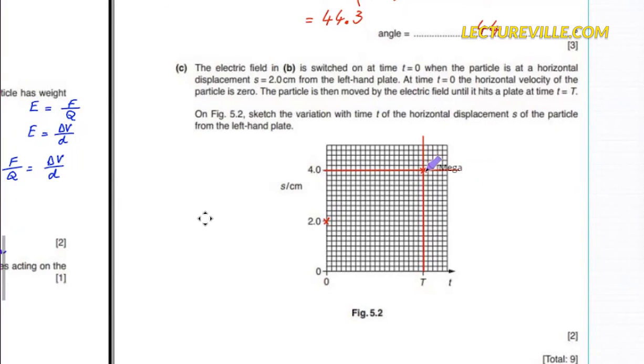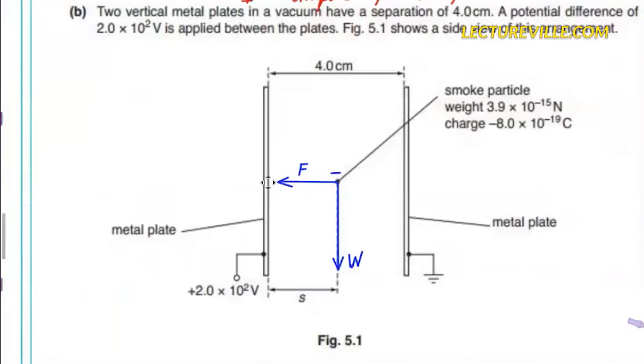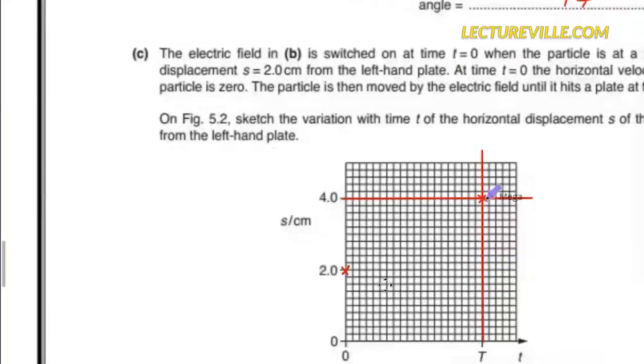Now tell me, when the force is applied, will the particle move toward the positive plate with a constant speed or constant acceleration? If there is a constant force acting on it, remember it cannot move with a constant speed. So horizontally, it will be moving with an increasing speed, and we are plotting a distance-time graph for something which has an increasing speed.